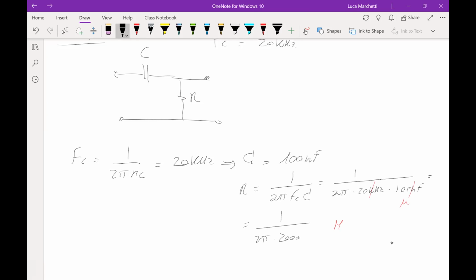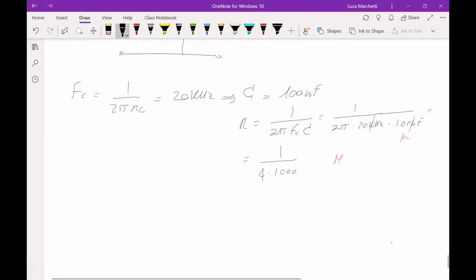And then we can simplify even more. Let's do it like this: 1 over 4 times 1000 mega something. Of course, it will be mega ohm because the resistance is in ohm.